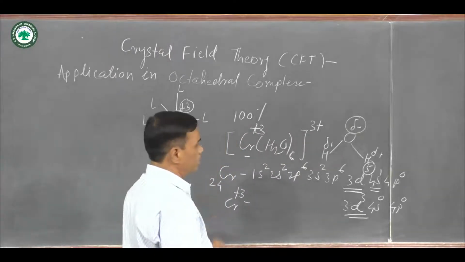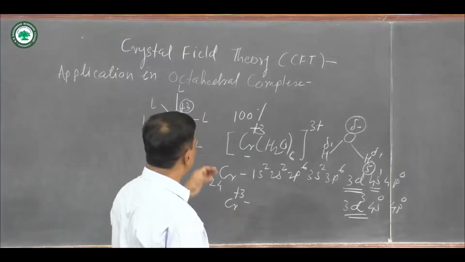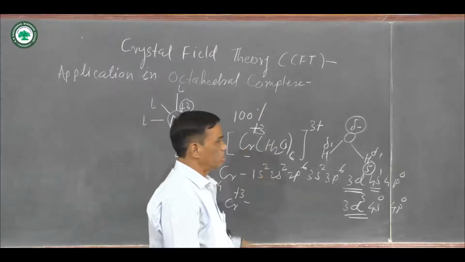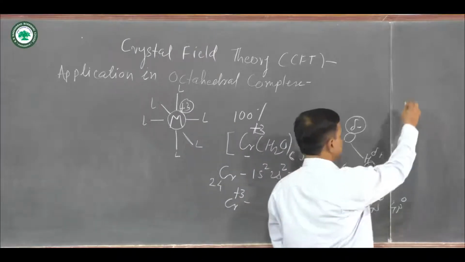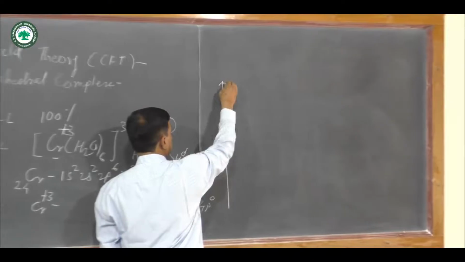Then if you draw the energy splitting diagram for this octahedral complex, it is represented as follows. Here is energy.